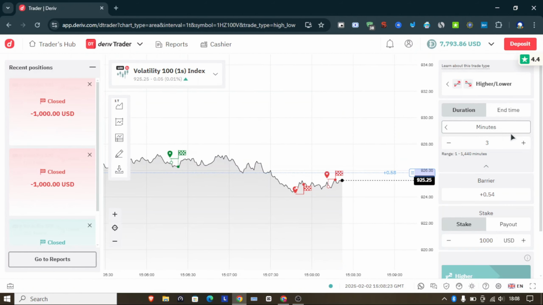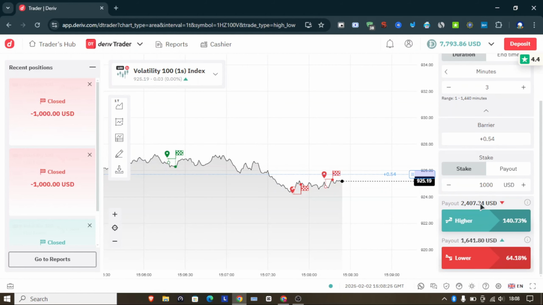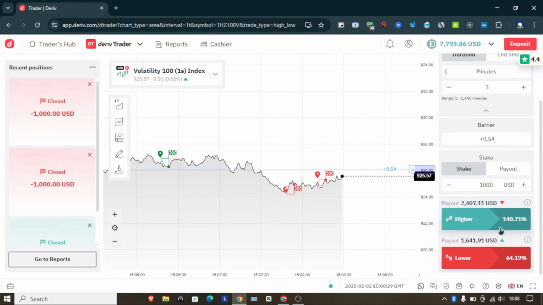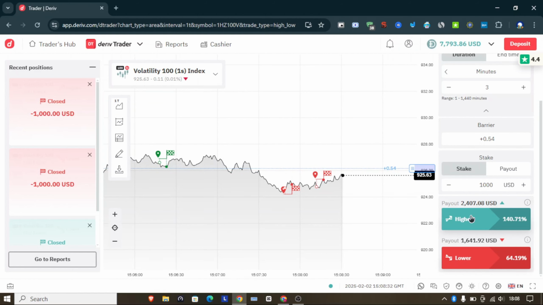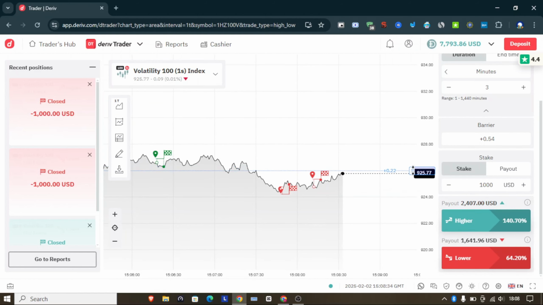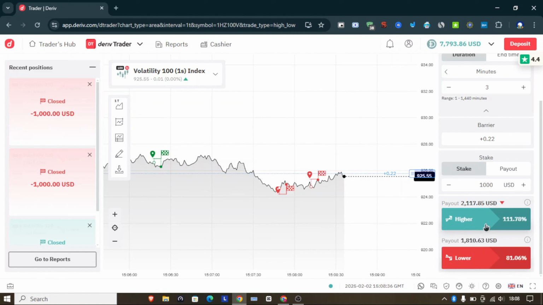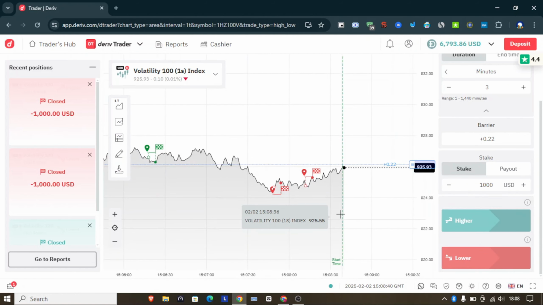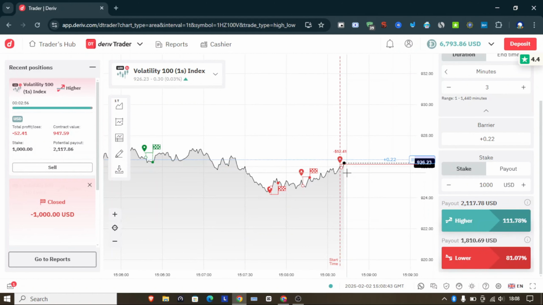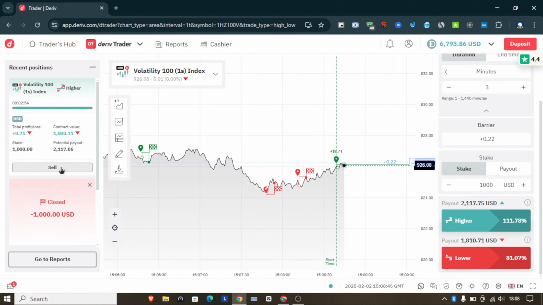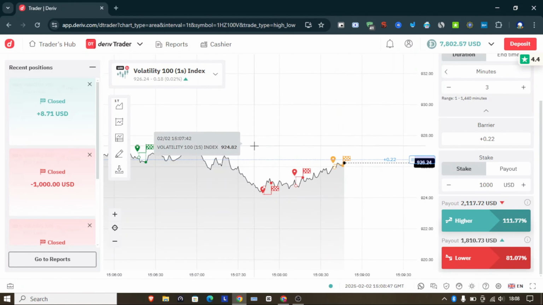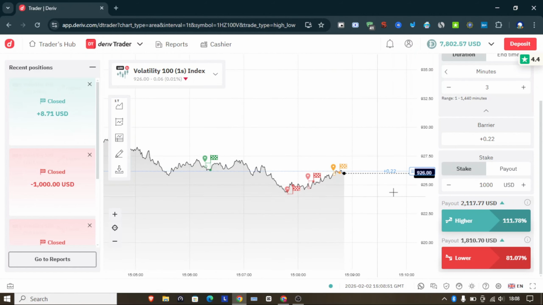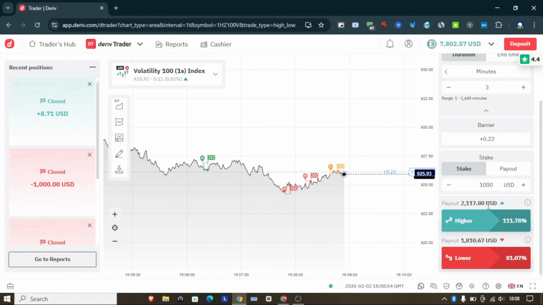With minutes, you have a very high chance of hitting that point, and you will have an advantage of cashing out earlier. That is why time is more important. So within 3 minutes, place an order, and then you wait. You can see we can sell that one. We sold that one. That is how you can trade using higher and lower.